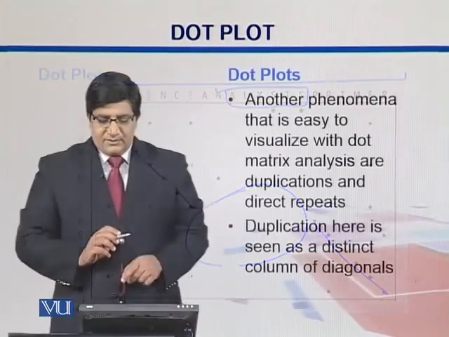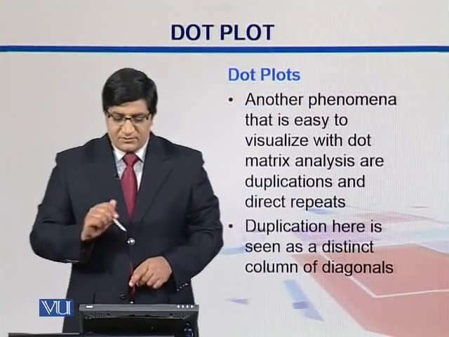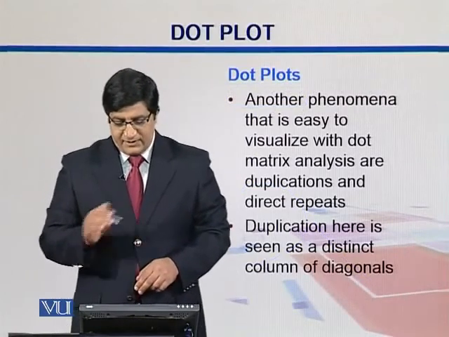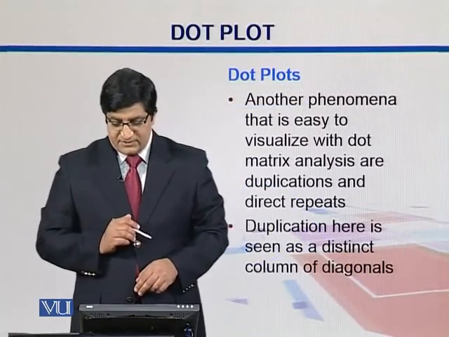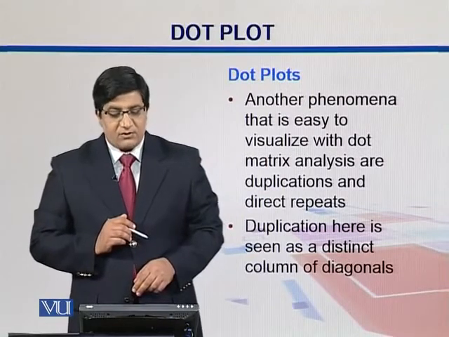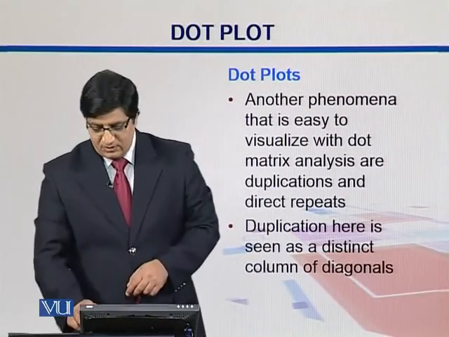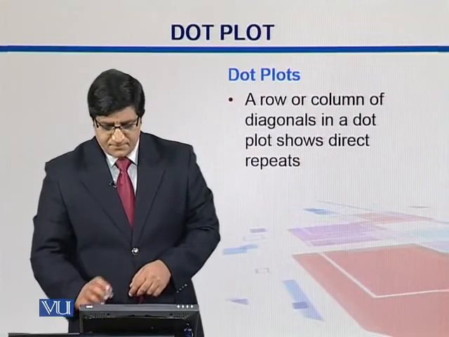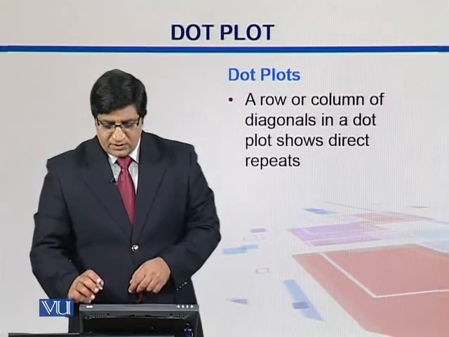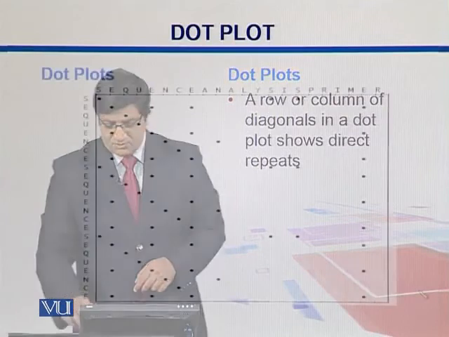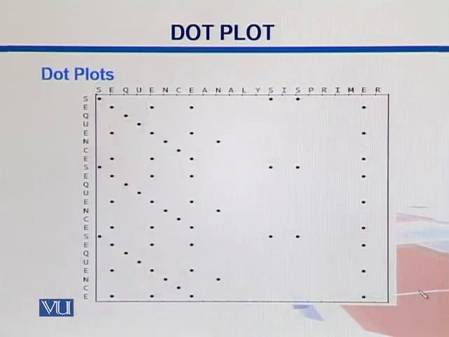Another phenomenon that is easy to visualize with a dot matrix is duplications and direct repeats. Duplications are seen as distinct columns of diagonals. A row or column of diagonals in a dot plot shows the direct repeats. So let's see. We have "sequence analysis primer", and over here we have sequence, sequence, sequence. We see this, this, this.